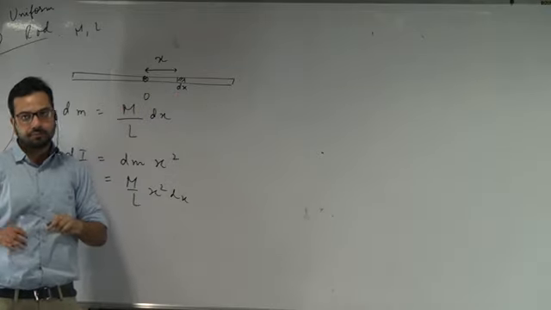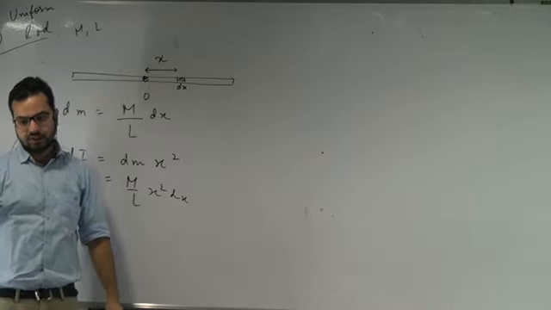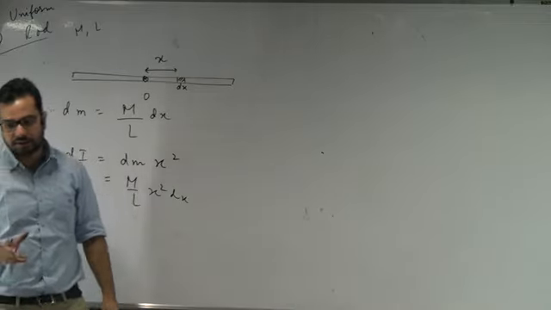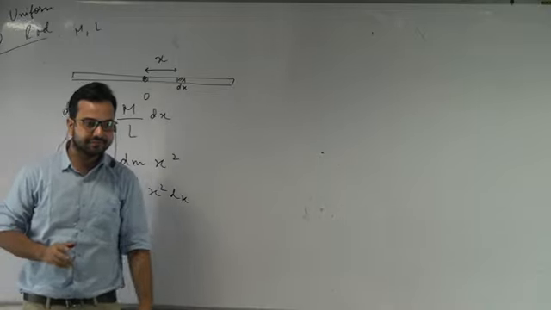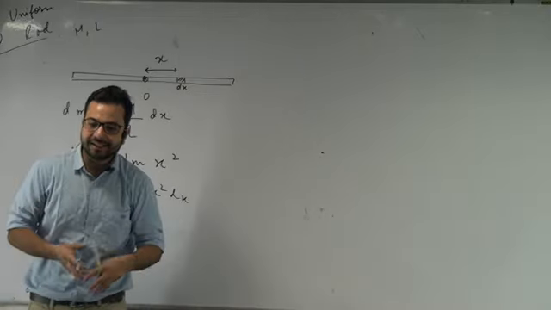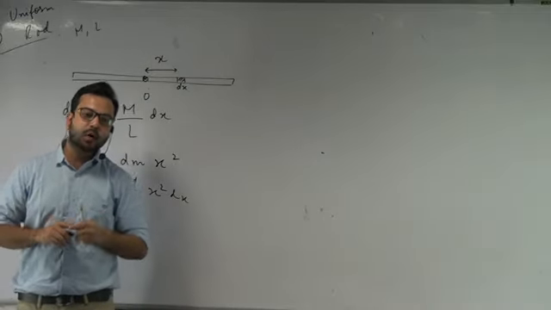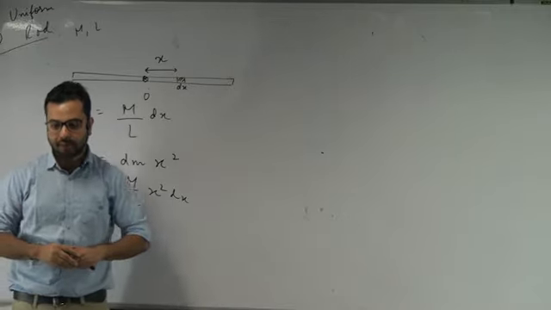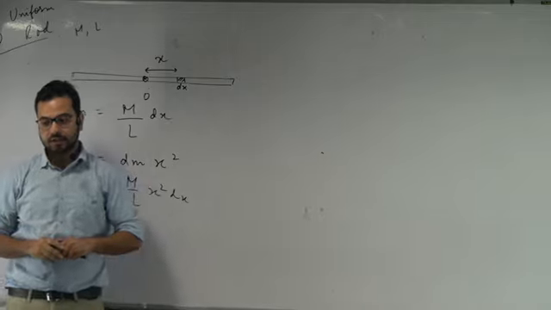For example, if I ask you what is the distance of your home to this institute, say in kilometers, 1 kilometer. Now I ask you what is the distance between your home and this door? Let's say 1 kilometer. Now what is the distance between your home and this computer?